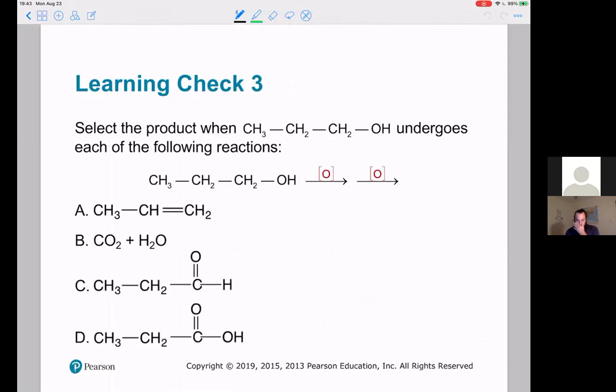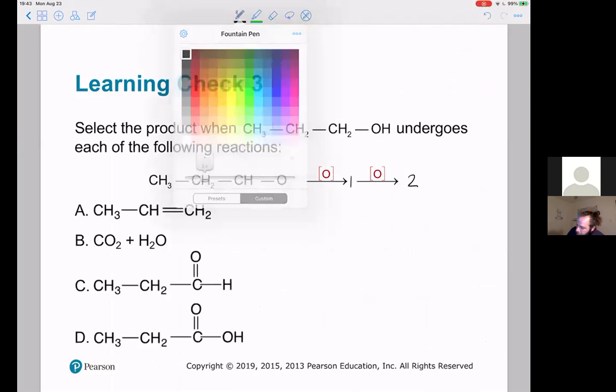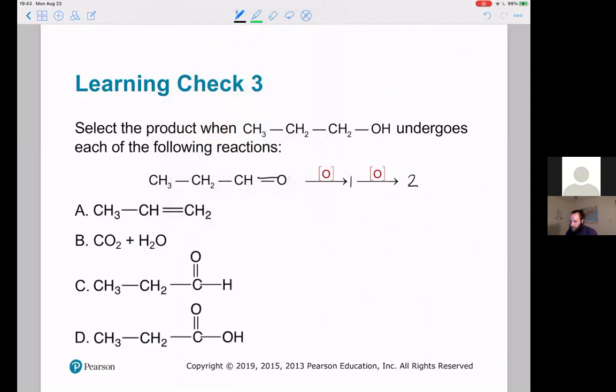All right, and now lastly, we have a primary alcohol, and there are two different oxidation steps. So this will be problem 1, and this would be problem 2. What are the products after each step? Again, for that first one, we're just going to erase a hydrogen on the oxygen and a hydrogen on the carbon and create a carbon-oxygen double bond.